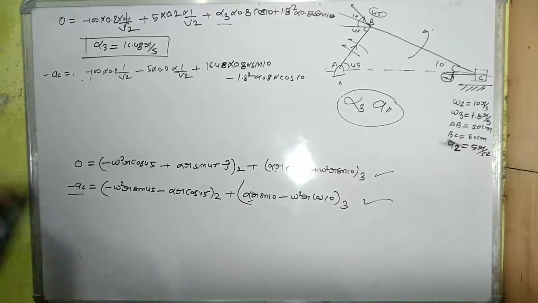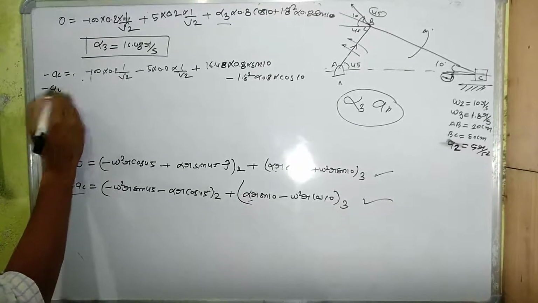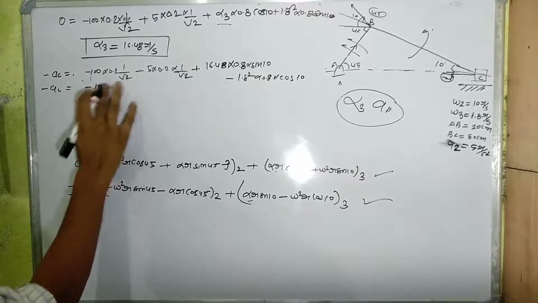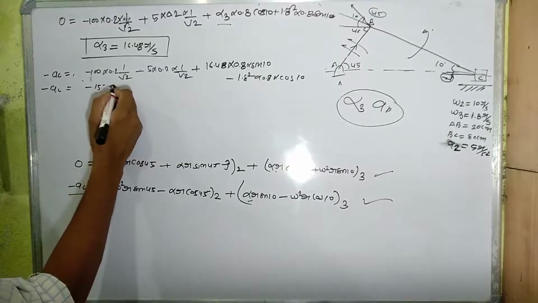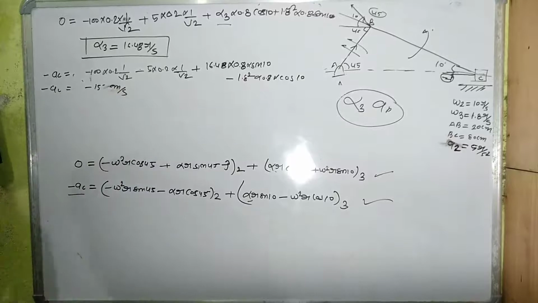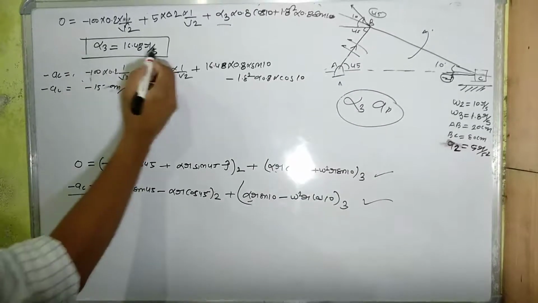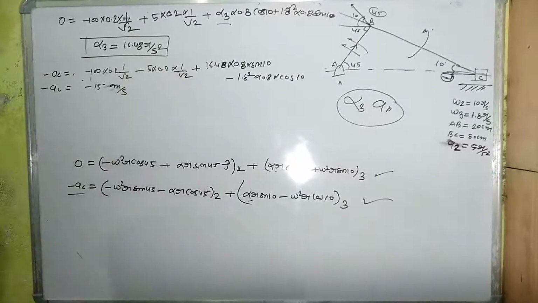So you are getting acceleration of c equal to minus 15.11, that means minus 15 meter per second. Am I right? अच्छा, ये रेडियन पर सेकेंड स्क्वायर होगा ना? Okay, this will be the radian per second square.